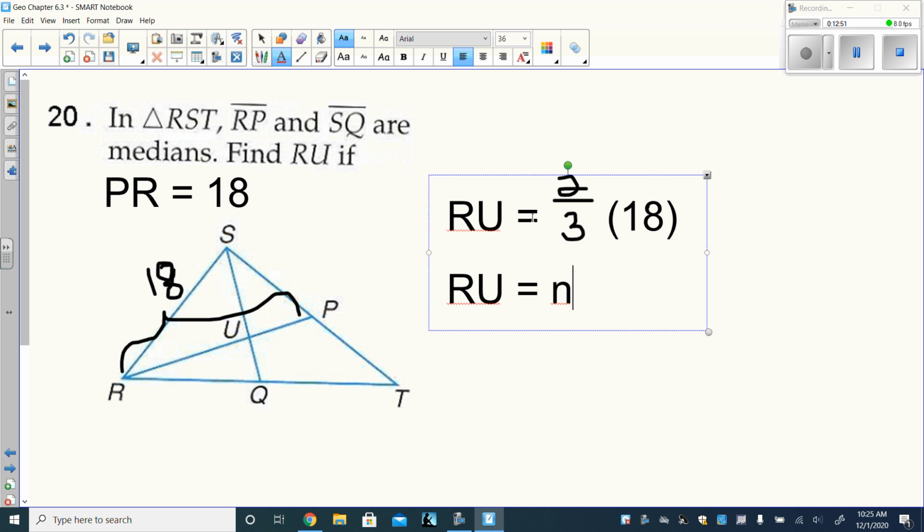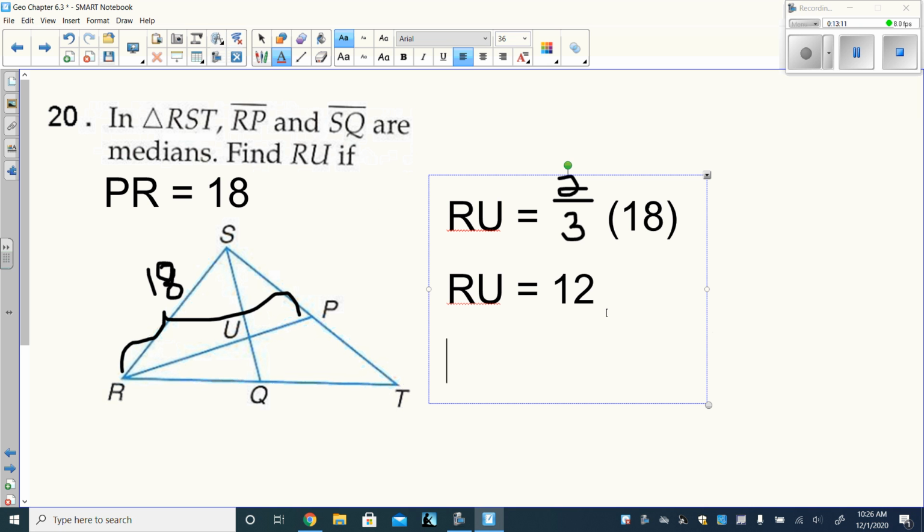And if I multiply it by 2/3, I will get the bigger segment. And if we multiply 18 by 2/3, we can do this in a calculator, we would get 12. So the bigger section for this here would be 12. RU would be 12.